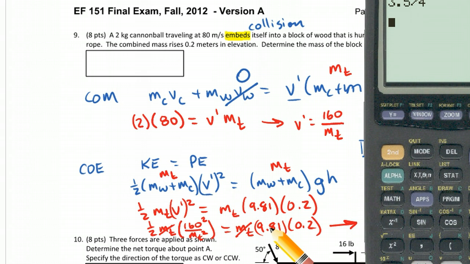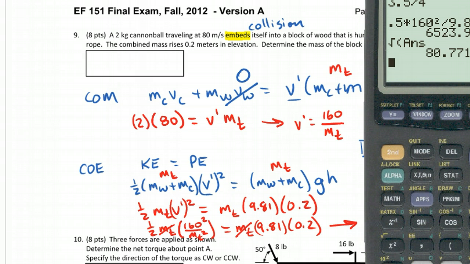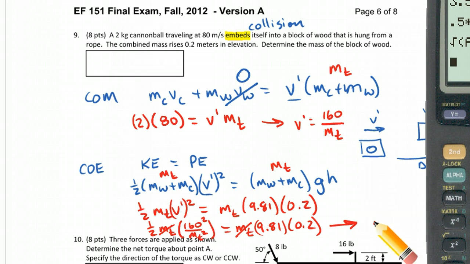When I have 0.5 times 160 squared, that term divided by 9.81 divided by 0.2. Okay, so that's taking all my numbers to this side. I multiply MT squared over here, so I will take the square root of that answer, and I'll get 80.77.